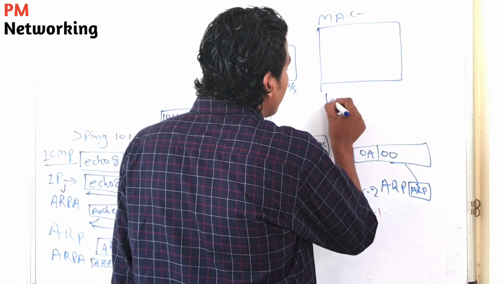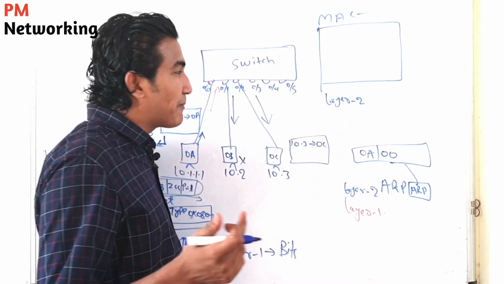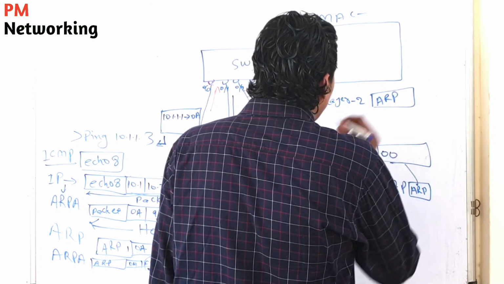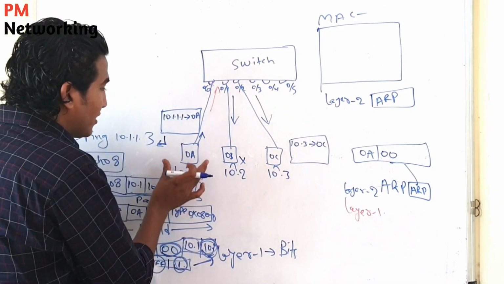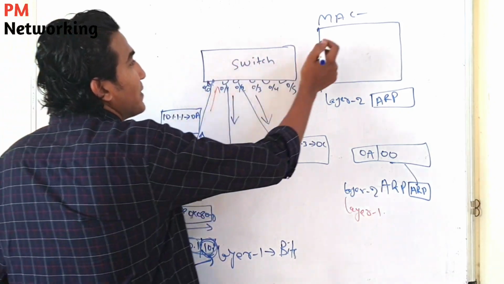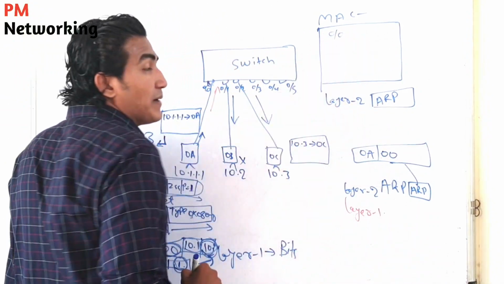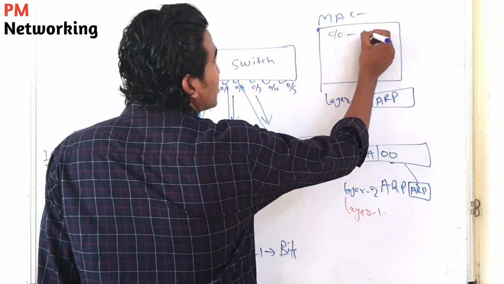At layer 2, this PC will generate a reply, ARP reply, right? And at the time when the switch received the broadcast ARP message at this interface, the switch also made an entry in its MAC address table that on interface 0/0 we have one device connected whose MAC address is 0A.